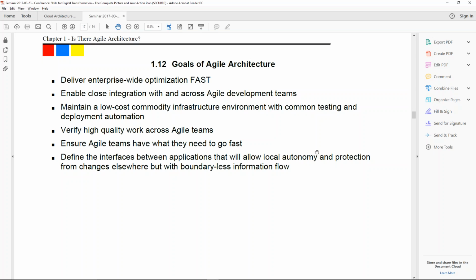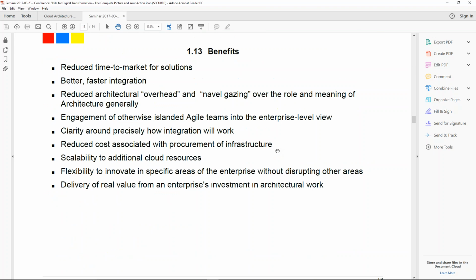We're trying to ensure the ability to operate quickly and be able to change. And hopefully, we're trying to help with defining application boundaries.